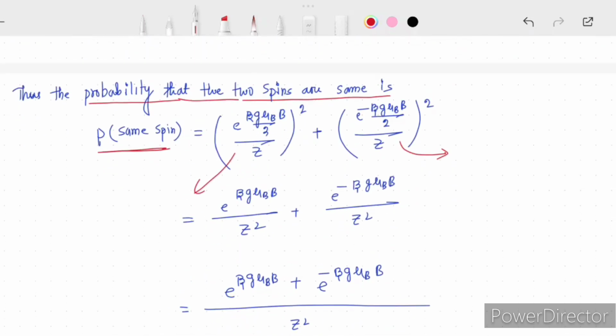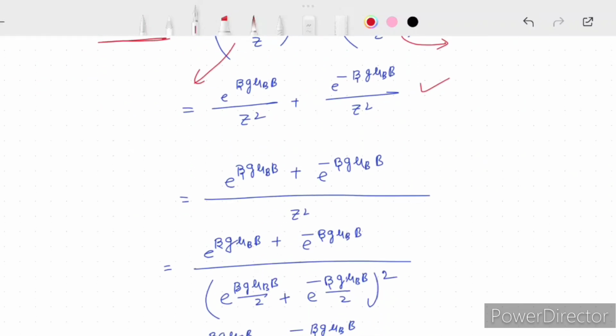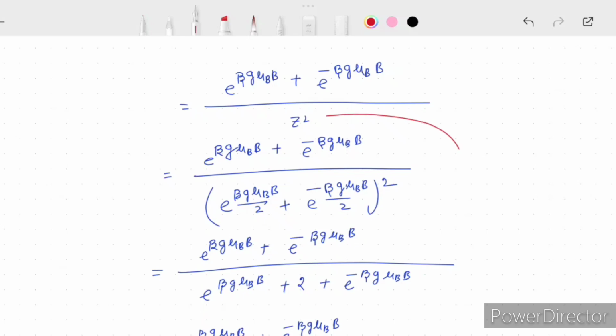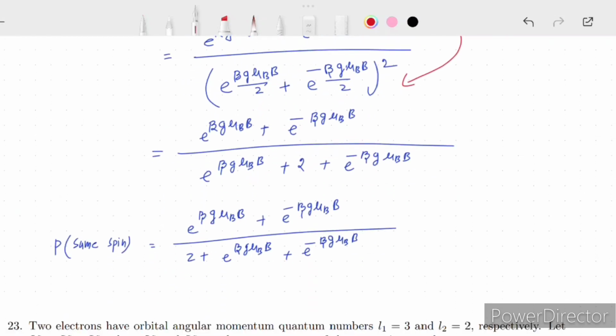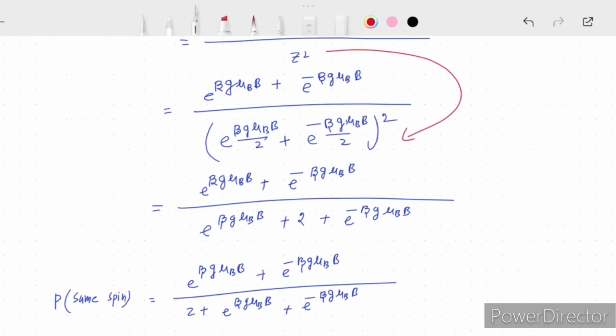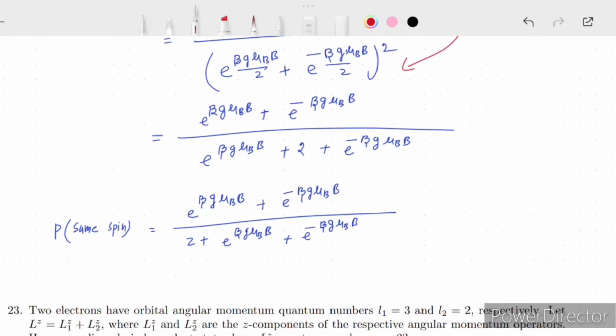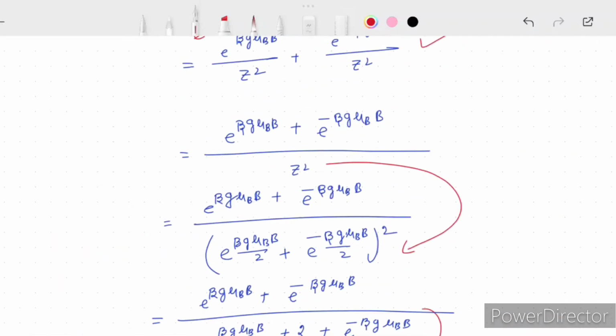Next we simplify this equation and substitute the partition function value. After substituting the partition function value and rearranging, we finally get this result.